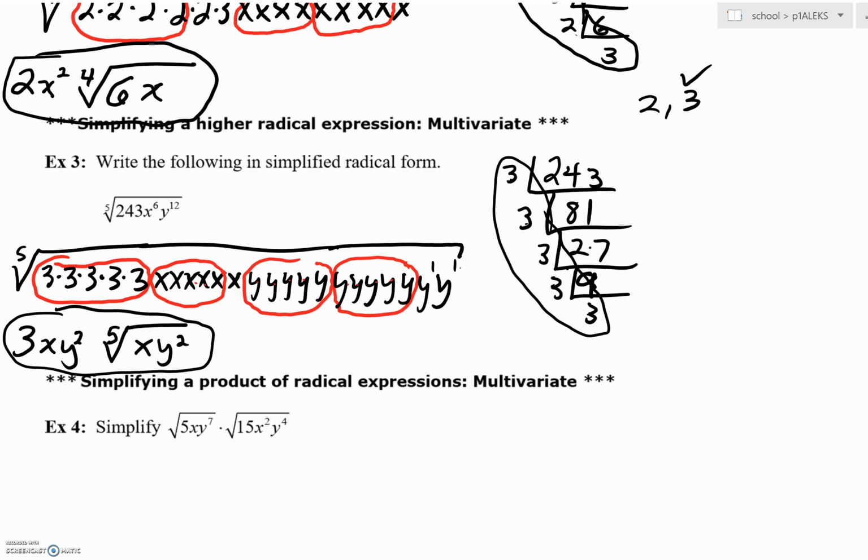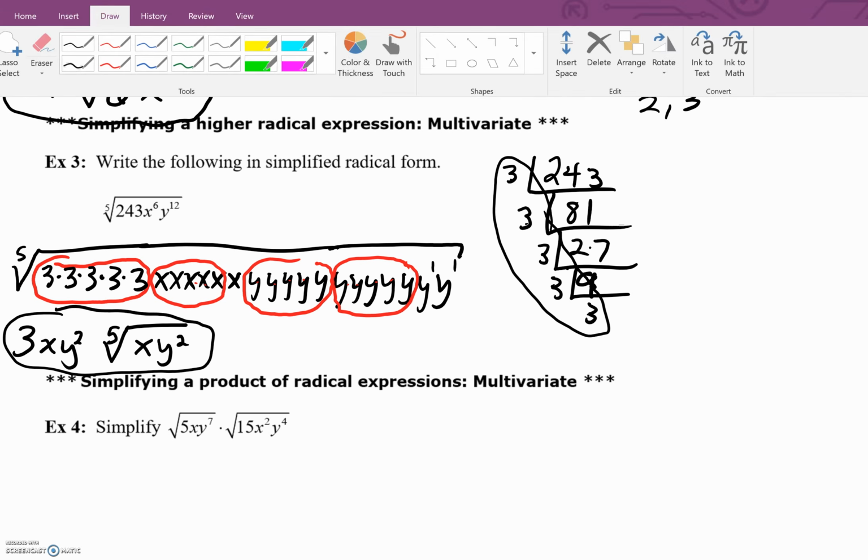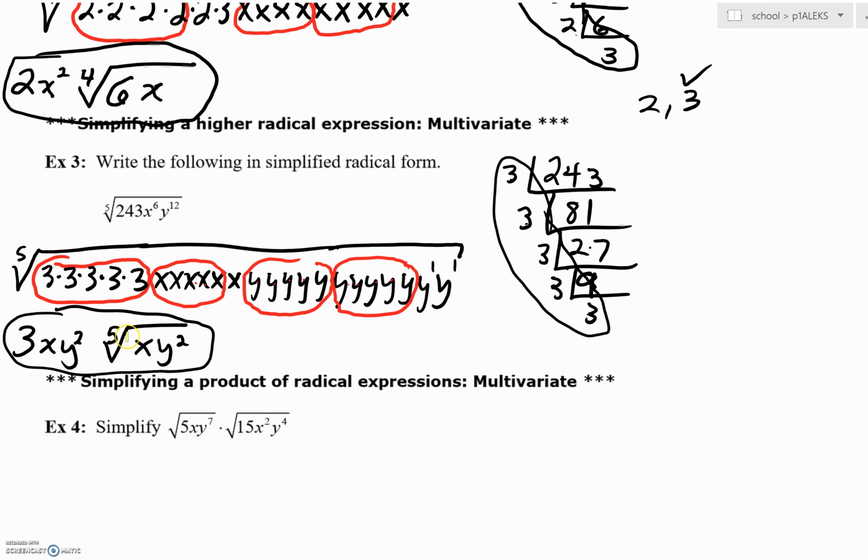All right, good. Okay, so are we doing okay? Again, please watch out. You want to make sure, guys, that you're writing a 5th root, not a square root. The other thing, sometimes kids will say, oh my gosh, that got so tedious writing out the 12 y's. I mean, do I need to write that out?